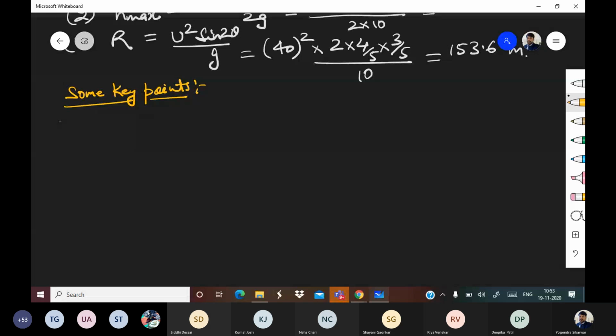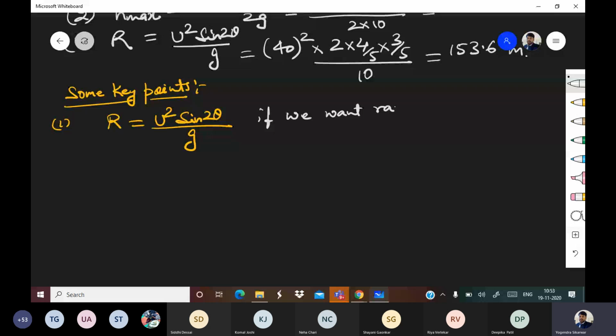Number one, R is equal to u square sine 2 theta by g, correct? Now if we want range to be maximum, listen carefully.